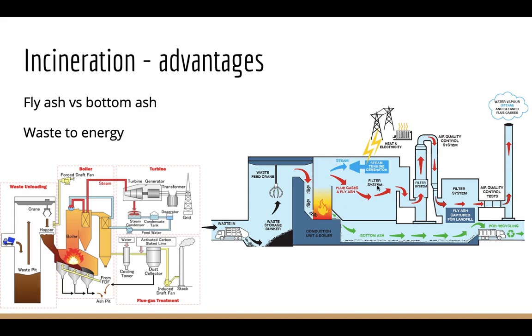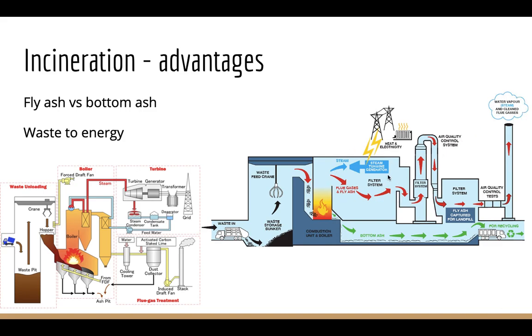And then you also have this fly ash. This is stuff that gets suspended up into the air. So this fly ash will get filtered out so that the stuff leaving the incineration is just water vapor or steam, and any cleaned gases.